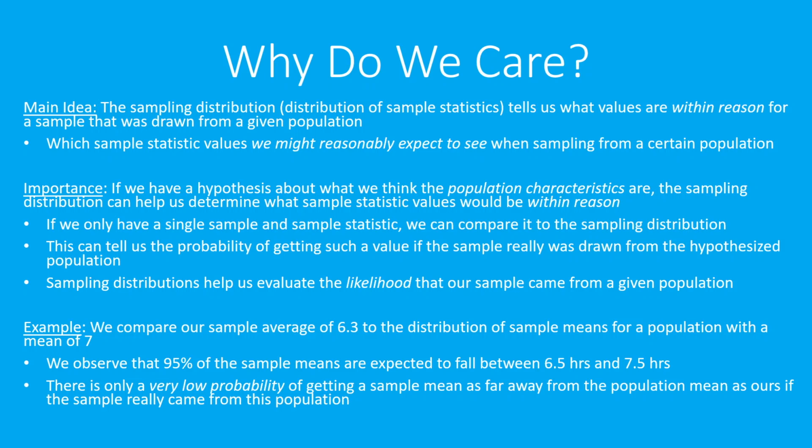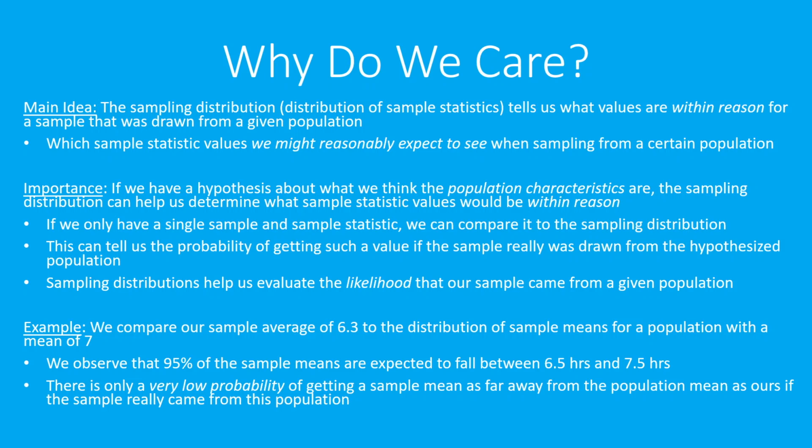So as an example, in our instance, where our hypothesized population mean for the average number of hours of sleep for college students was 7, well, if we just draw one sample and get a sample average of 6.3 hours of sleep per night, we can compare this sample average of 6.3 hours to the distribution of sample means for a population where the true mean is 7.